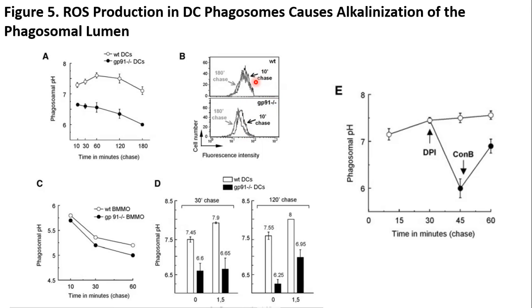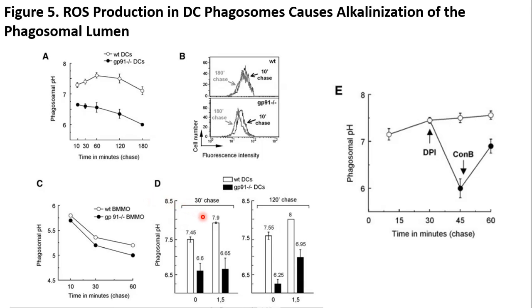In figure C, we can see the contrast with the wild-type and gp91 bone marrow-derived macrophages. They do not sustain alkalinization, and this subunit is not as crucial for macrophages as it is for DCs in maintaining the alkalinization of the phagosome.